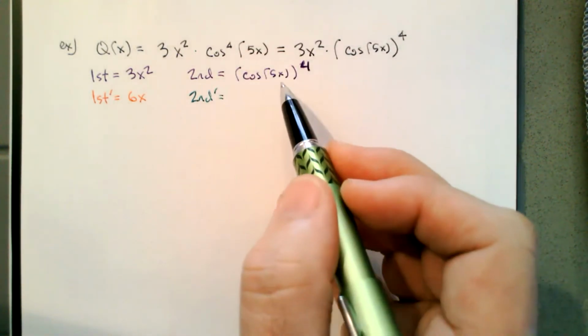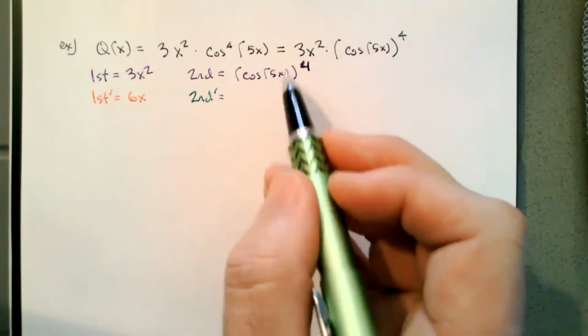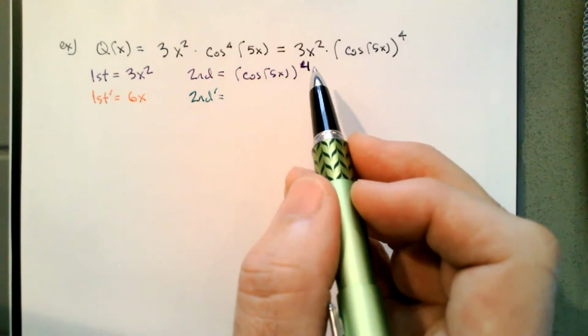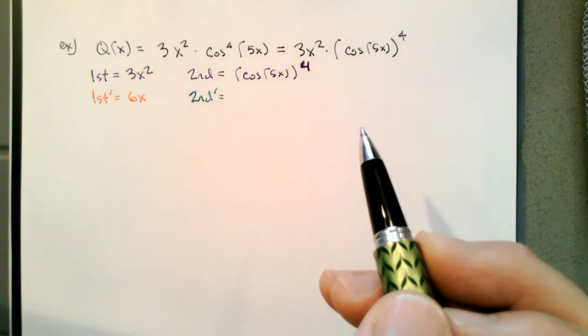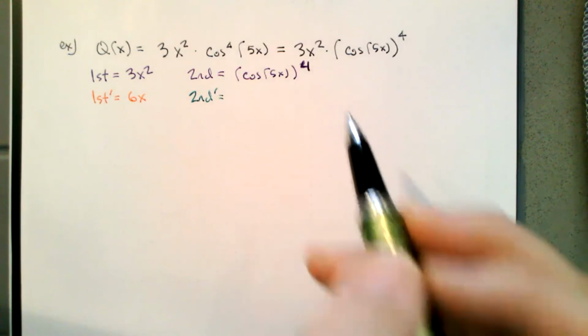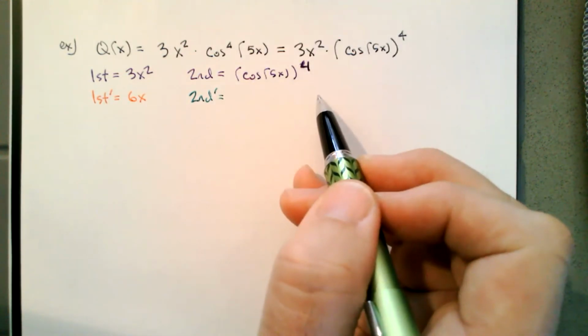The first thing that happens to x is we multiply by 5, then we find the cosine of the result, then we raise the result to the fourth power. The chain rule works from outside to in: take the derivative of the outside with respect to the inside, then multiply by the derivative of the inside.